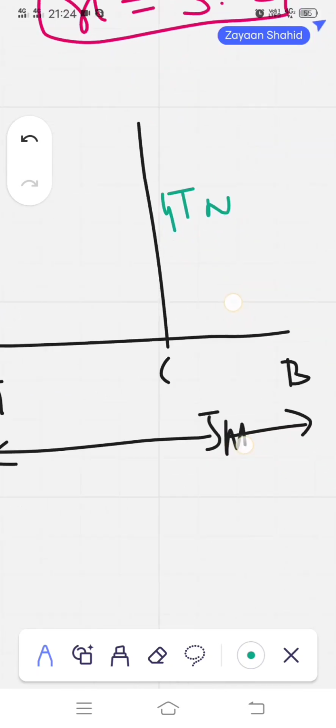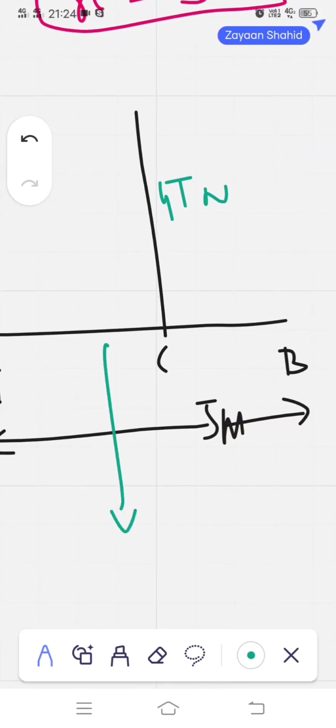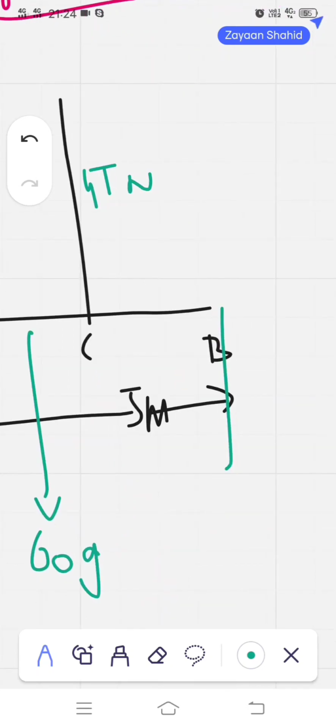Two weights are attached. Let's first take this as the 60g weight, and one weight is attached at B, that is the 40g Newton.